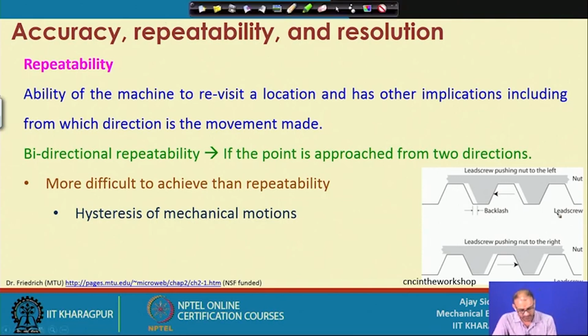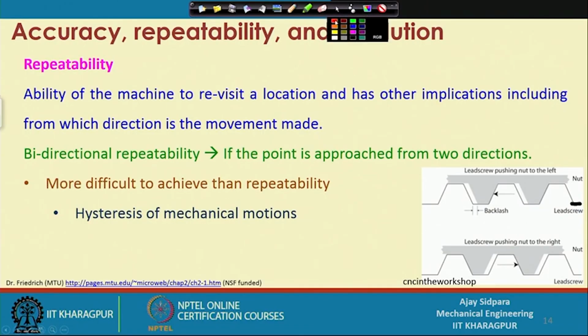So, here what is happening? This one is the lead screw. And this upper part is the nut, or you can consider the table, which is moving because of the rotation of the lead screw.